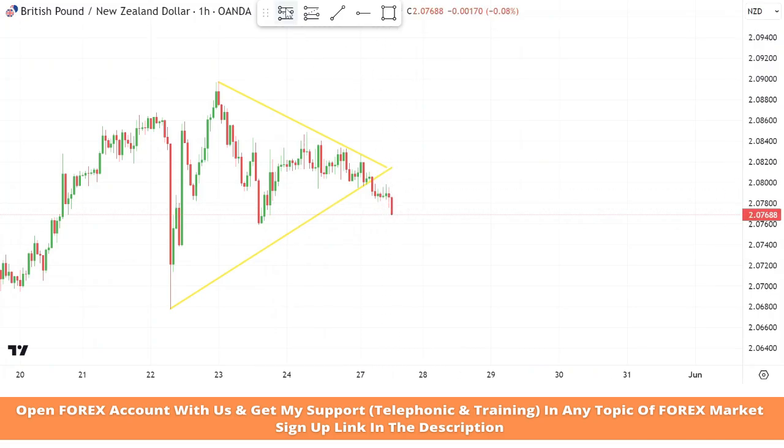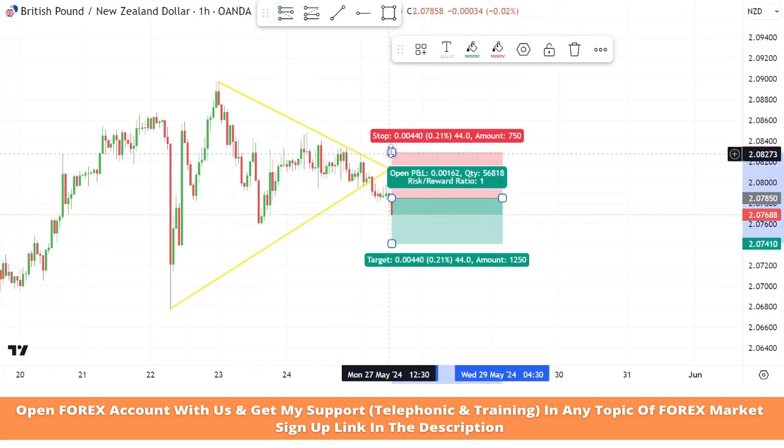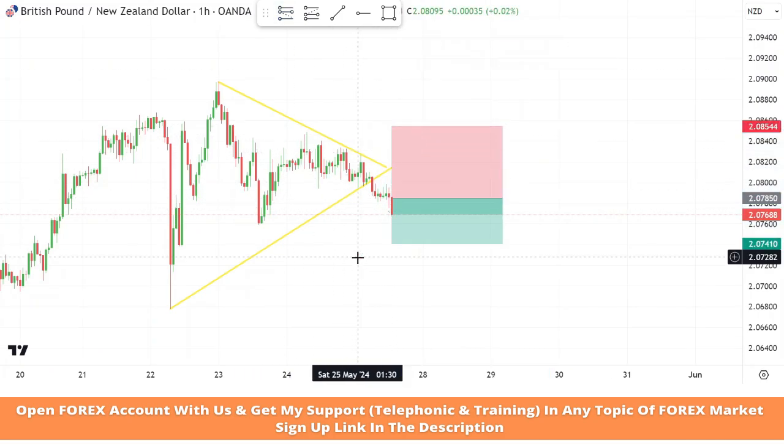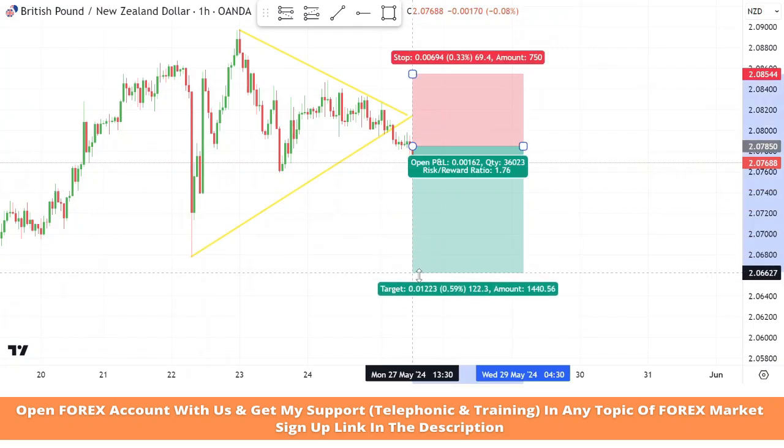As we can see, market break the triangle pattern, so it's a confirmation of sell trade. We will set stop loss at last high of the candle and risk to reward will be 1:2.